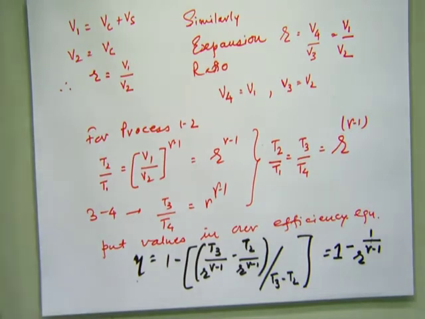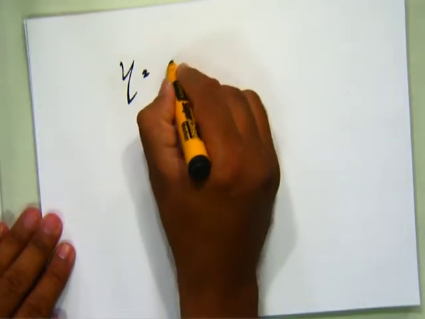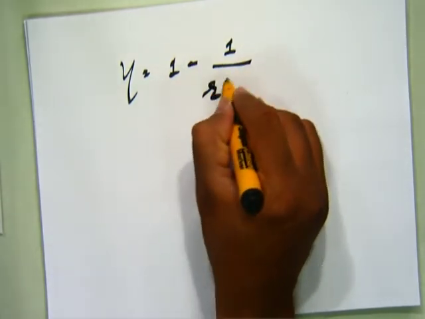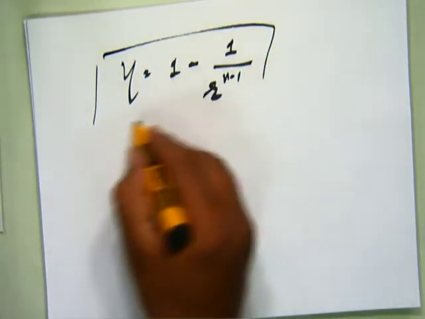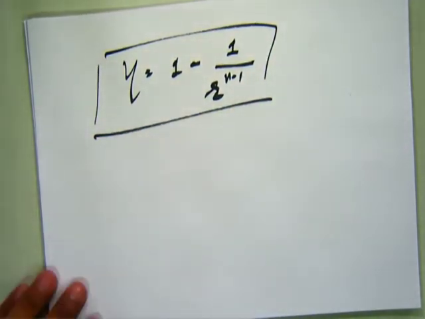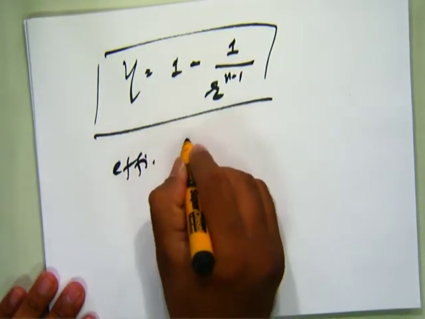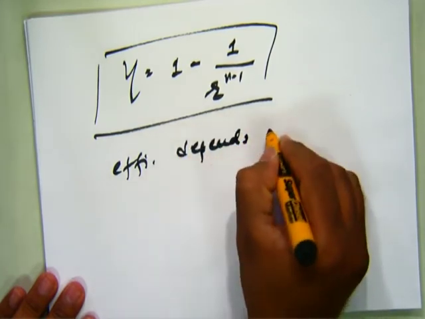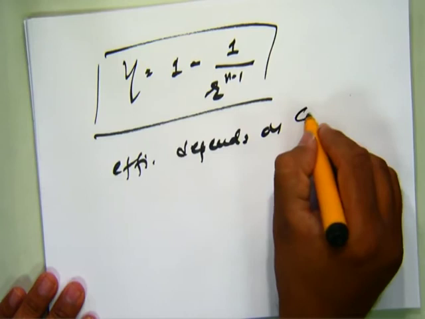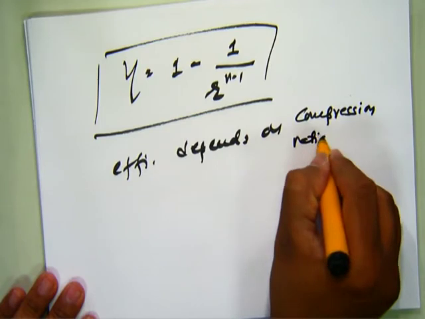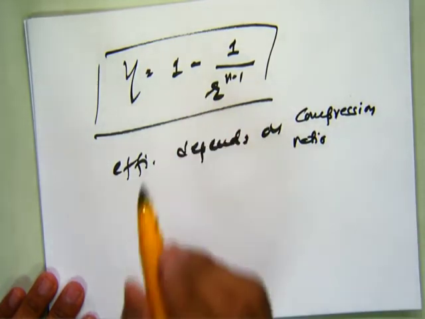So what can we conclude? Efficiency is equal to 1 minus 1 upon R raised to gamma minus 1. You can conclude that the efficiency depends on the compression ratio. This is the conclusion.